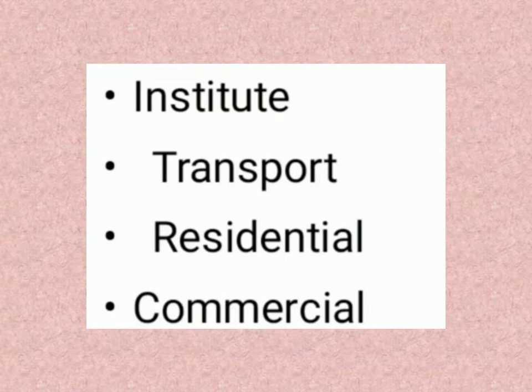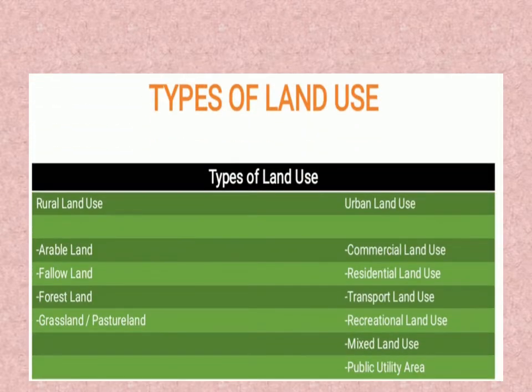We also learnt in the earlier video about the types of land use, rural land use in detail. In rural land use, we learnt about arable land, fallow land, forest land, grassland or pasture lands. And now in this video, we are going to understand the urban land use and its type.